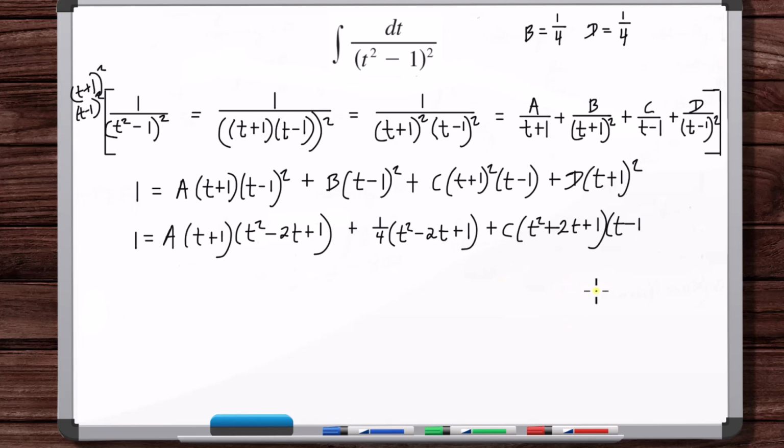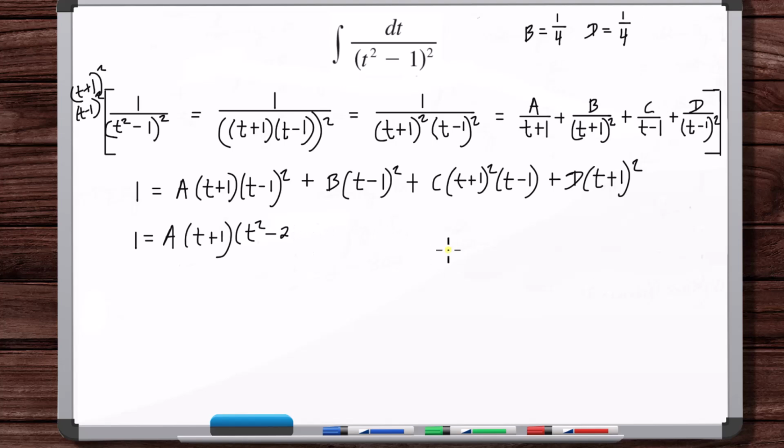Actually, okay, let's not, this is going to take too long. I think it's going to be easier this way. It'd be easier if we say, okay, let's make t equal to 0.